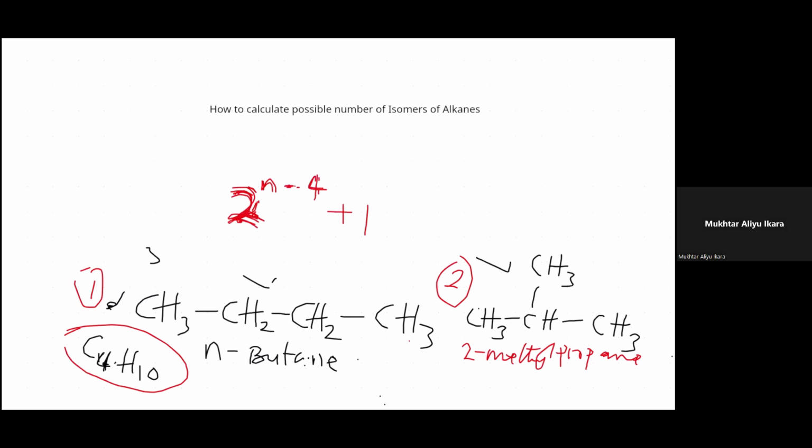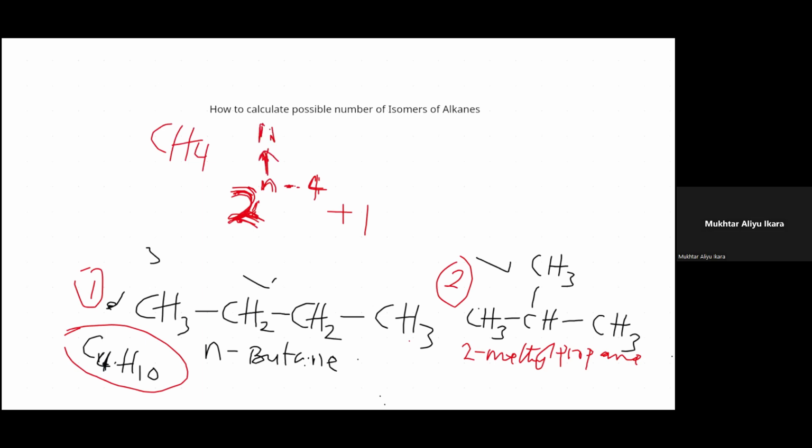Let's start with methane, CH4. Here n means the number of carbon.